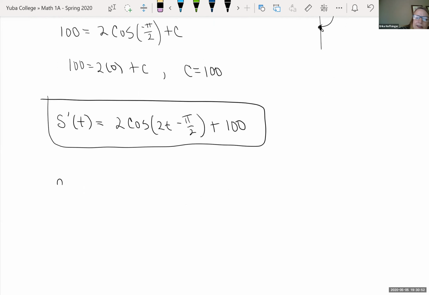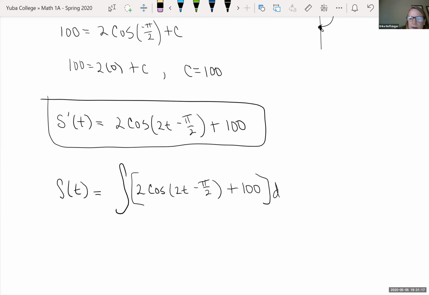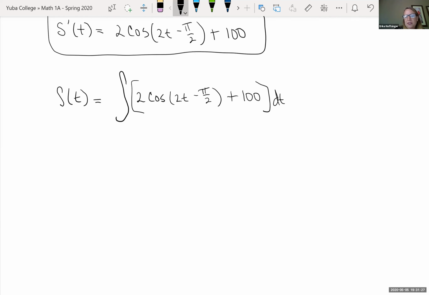So s of t, my s now looks like integrals. S of t is equal to the integral of s prime of t, which is 2 cosine of 2t minus pi halves plus 100 dt. I want to break that down into two separate integrals, the first piece and the second piece.